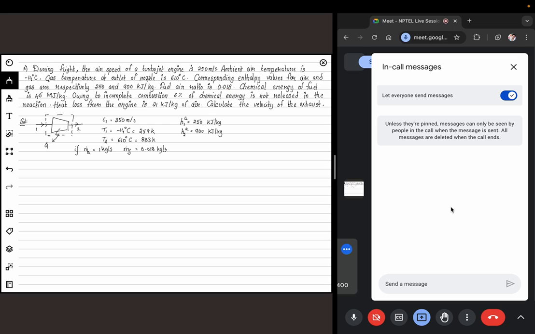Since the fuel to air ratio is this, the chemical energy of the fuel is 45 megajoule per kg, and due to incomplete combustion, 6% of it is not released in the reaction. Which means the change in internal energy of the fuel, basically the energy that is actually used by the turbine engine, is only 94% of it. That is 0.94 times this total energy, 45.